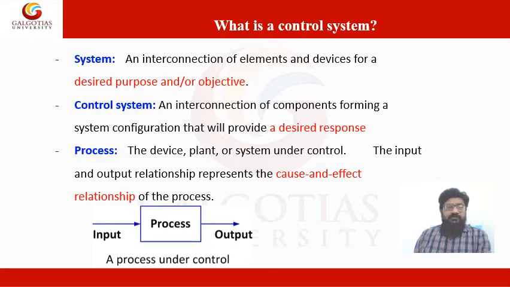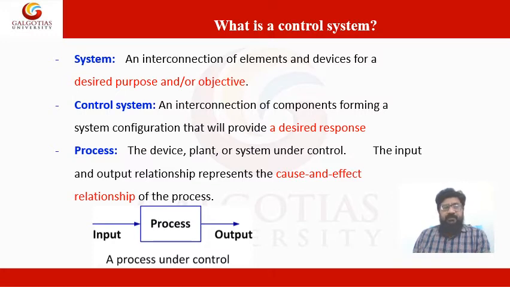So in a control system there is an input, an output, and in between there is a system or process. The process can be an electronic device, a plant, a system, a flywheel, a biological system, a human brain system.